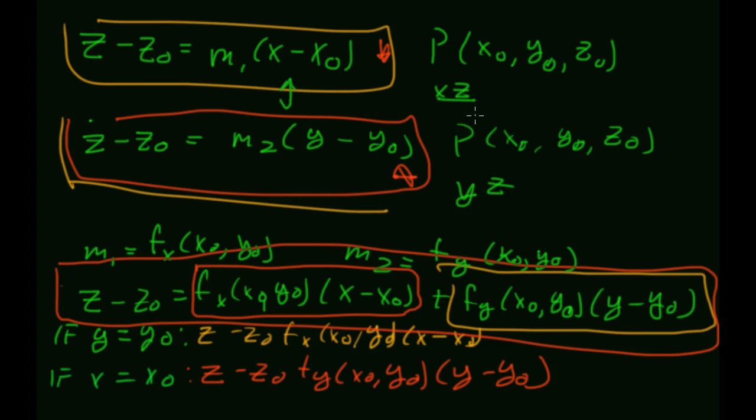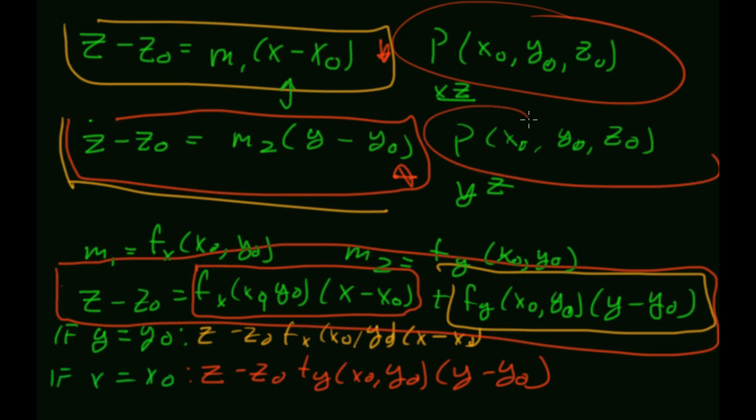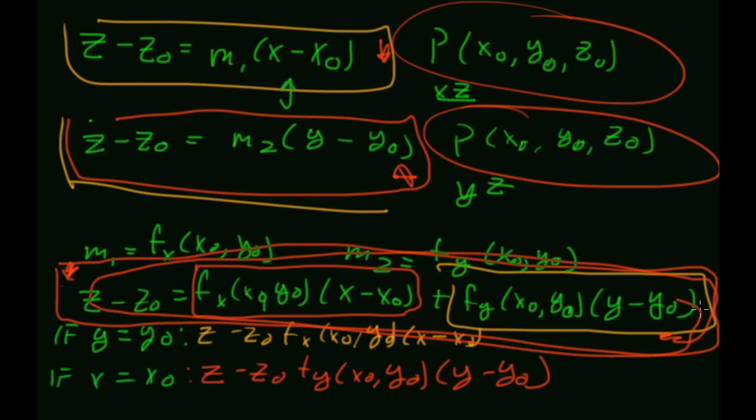These two lines intersect at this point, which means I have the unique tangent plane to the surface given in this equation here. So this equation, well, the muck around it, is the equation to the tangent plane to the surface at this point.